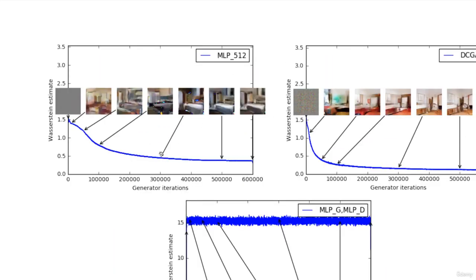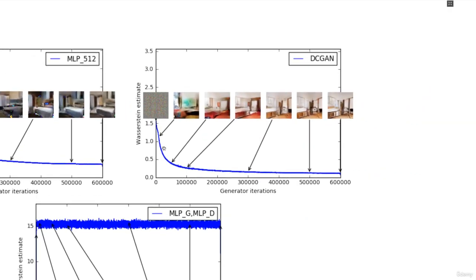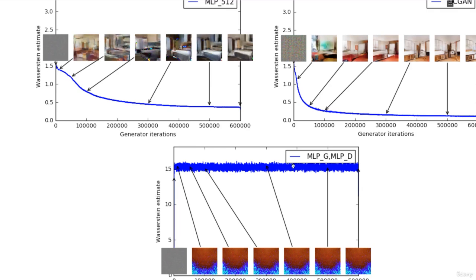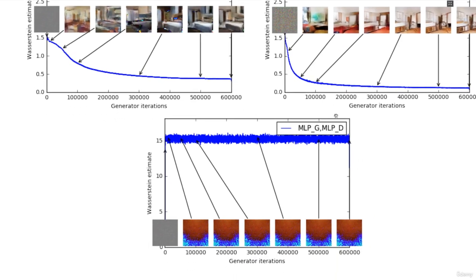As we keep on training and the loss is dropping, the fake images being produced get better and better, and this shows that the training process becomes more stable. This too can be noticed right here: as the loss keeps dropping, we get better and better images. Now this was run with the MLP, that's the multi-layer perceptron generator and discriminator.